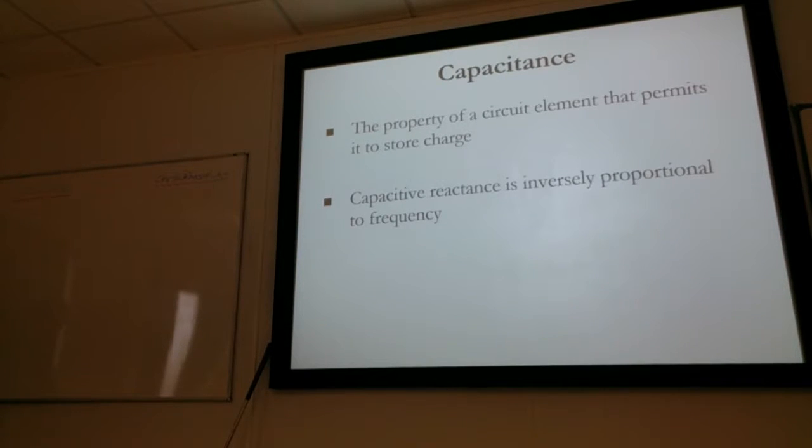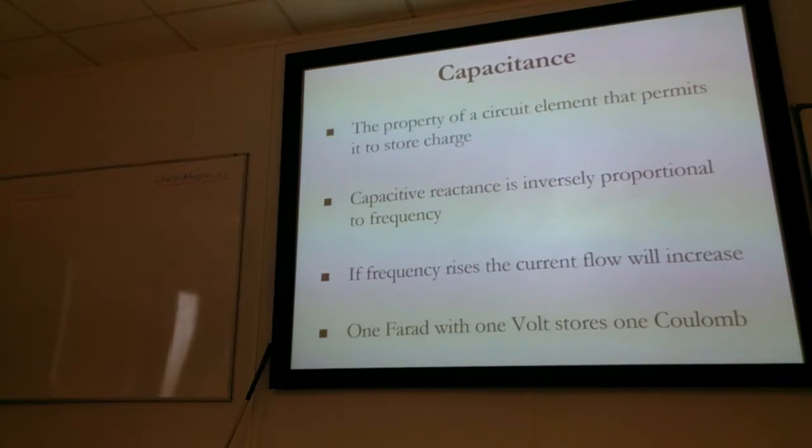Capacitive reactance is inversely proportional to frequency. The amount of reactance that capacitance gives us is inversely proportional to frequency. If frequency rises, the current flow will increase. 1 farad with 1 volt stores 1 coulomb of charge.